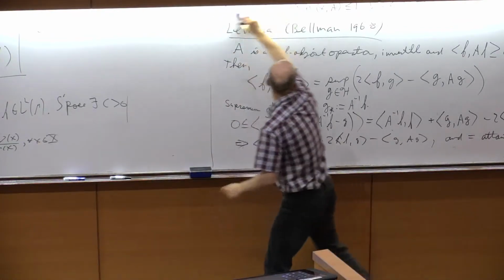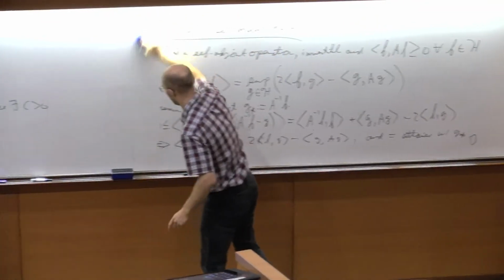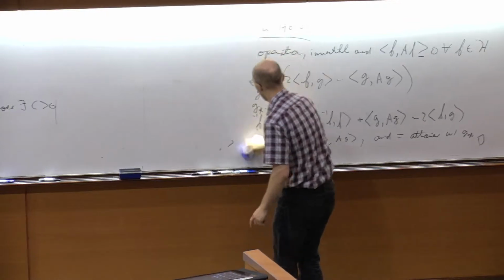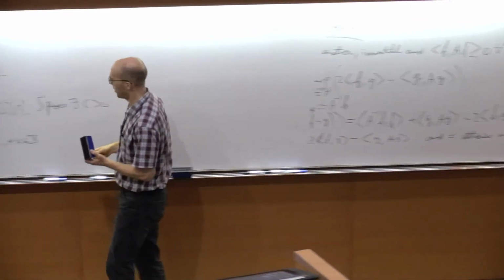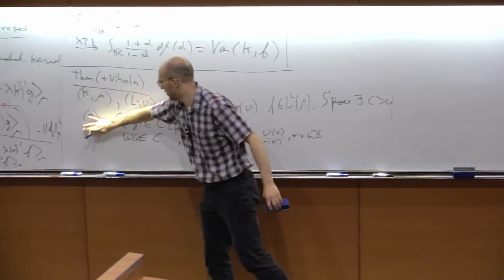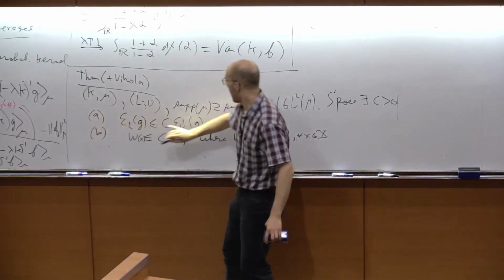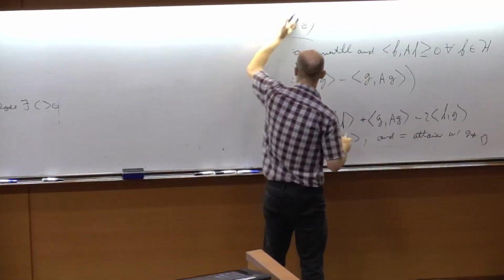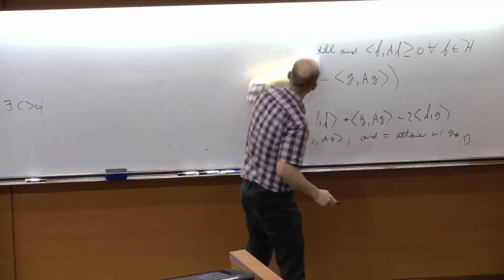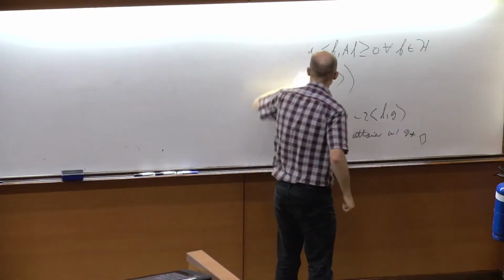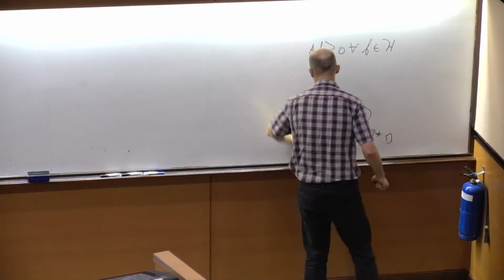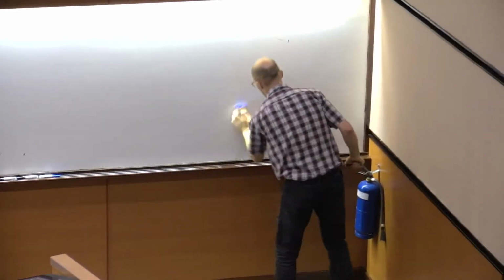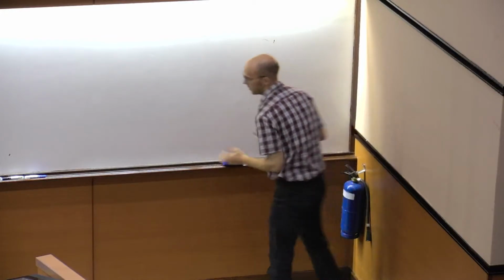Everyone knows the Peskun-Tierney ordering. If we only look at A and we assume that mu is equal to nu, and that C is equal to 1, then we obtain the very popular Peskun-Tierney ordering. So this is a strict generalization.